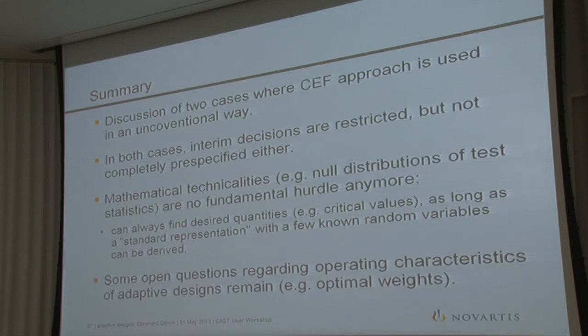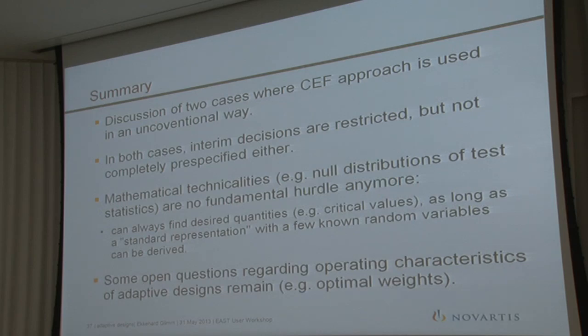I think with today's computing power, some of the mathematical technicalities are really no fundamental hurdle anymore. So as long as we can write down our test statistics as a sum or as some simple function of a few known random variables, so that we find a standard representation, so to speak, for the null case, then we can, of course, always simulate critical values and that kind of thing.